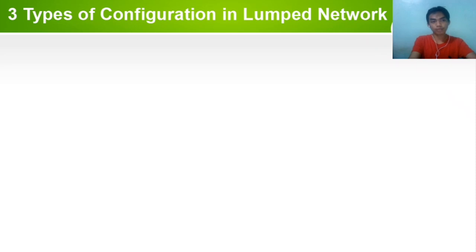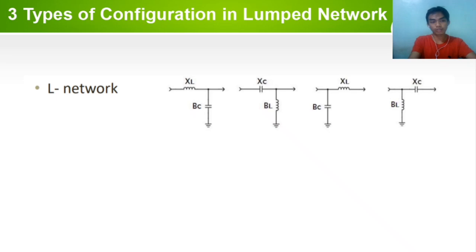There are three types of configuration in a lumped network. First we have the L networks. As you can see, the inductor is parallel to the capacitor, while this another one is the capacitor parallel to the inductor.